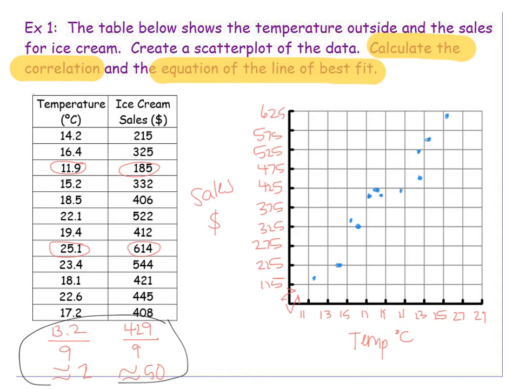So if you remember, back in Chapter 7, we actually learned how to calculate correlation using the graphing calculator. And you watched a video and you tried a few on your own. Well, when we watched that video, it also spit out some other numbers.